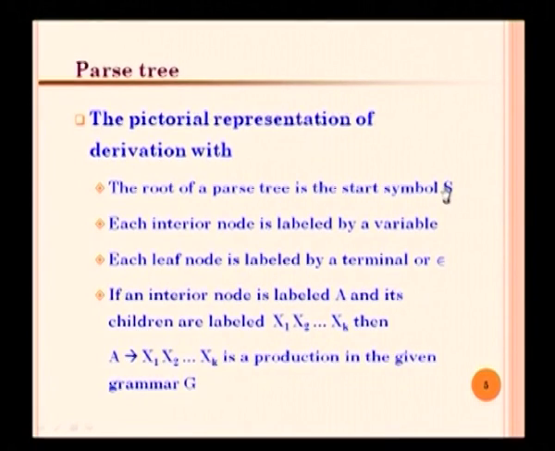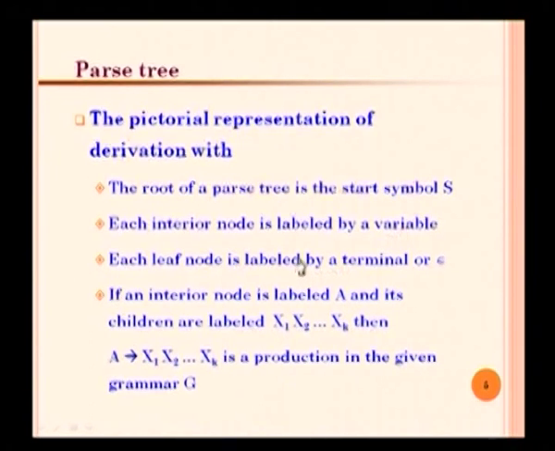As far as the root node is concerned, we will have only the start symbol of the grammar. It is true for all kinds of parse trees. Then, interior nodes are all labeled by variables. So, every internal node in the tree must have a variable as its label.